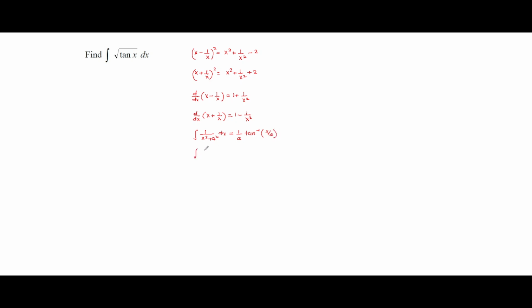And if it is 1 over x square minus a square, the formula is 1 over 2a ln of (x minus a) over (x plus a), and of course plus c as far as integration constants are concerned.